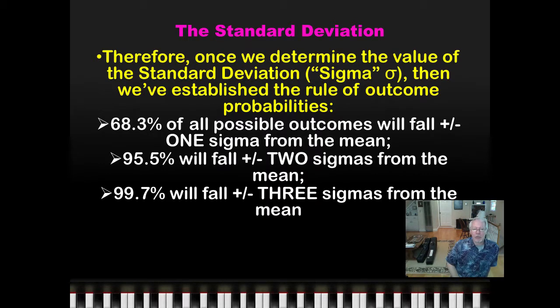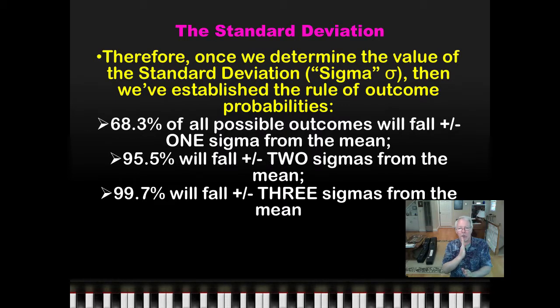Now we carry it out to 99.9997% of all possibilities being 3 standard deviations from the mean. We've gotten much tighter. For this class, we'll call it 68.3%. That will be all possible outcomes. This is the general rule. It's always going to be 68, 95, 99, okay?